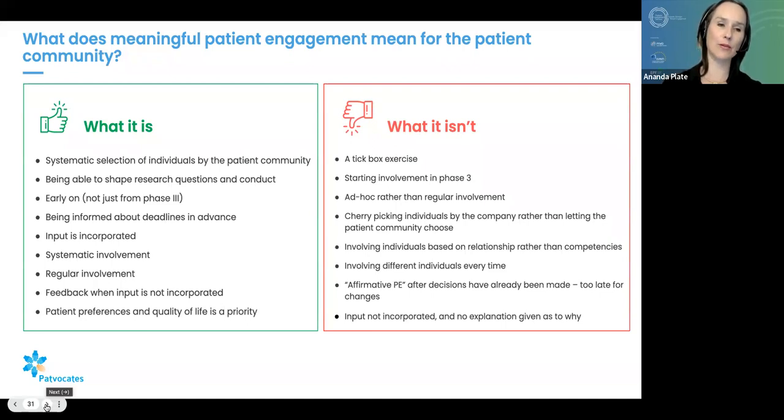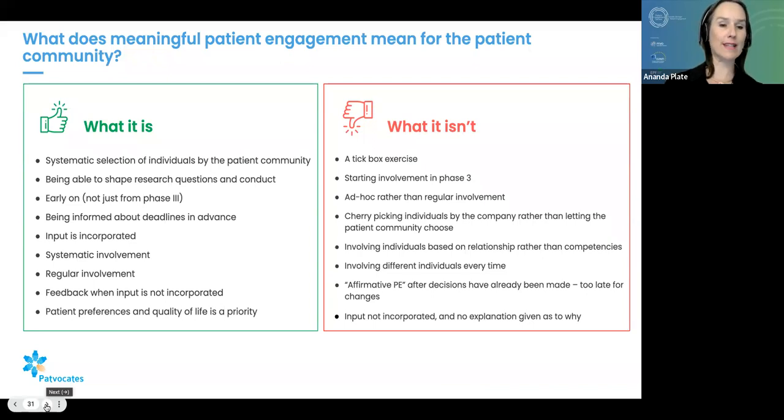And I've listed a couple of things of what it is. And you can see here that we understand it as a systematic selection of individuals by the patient community to be part of that process, to being able to actually shape research, not only being involved at the end, but to be involved right at the beginning where you can influence and shape that outcome of research.